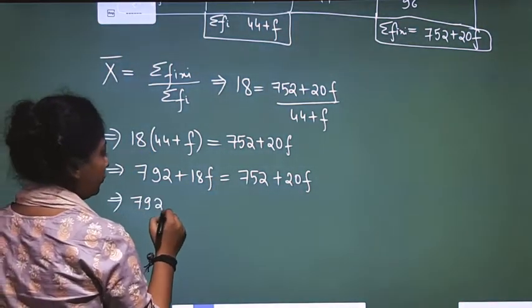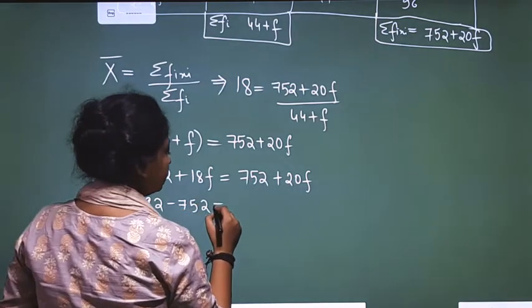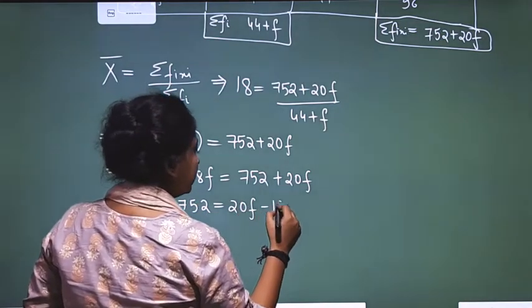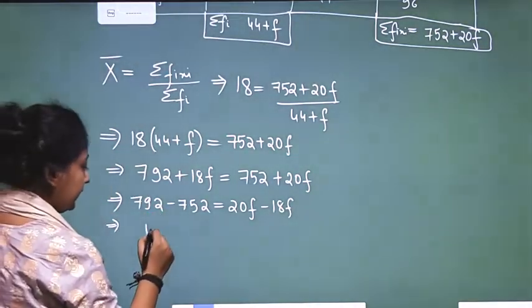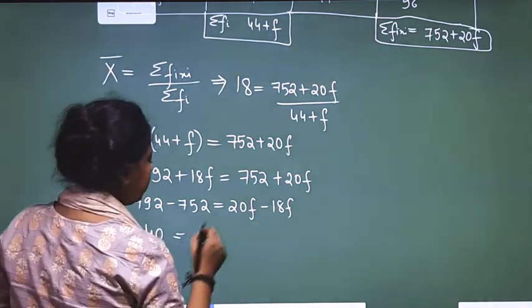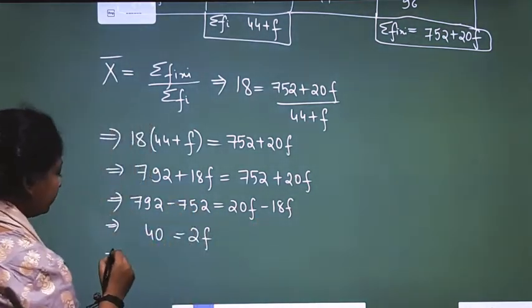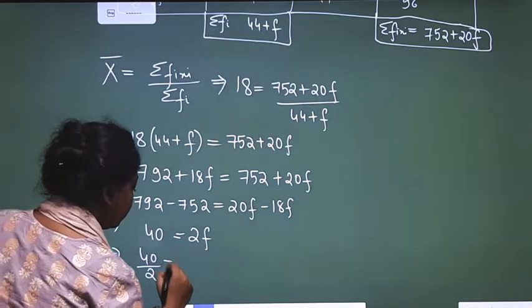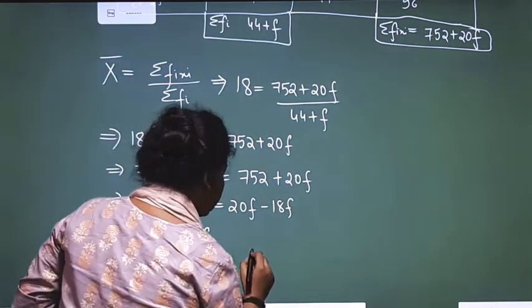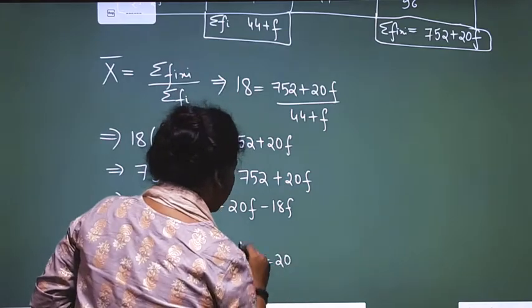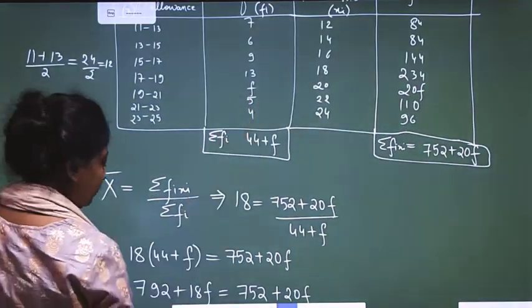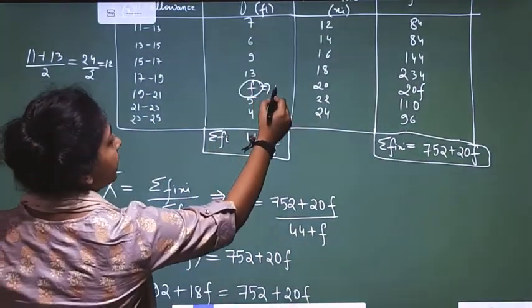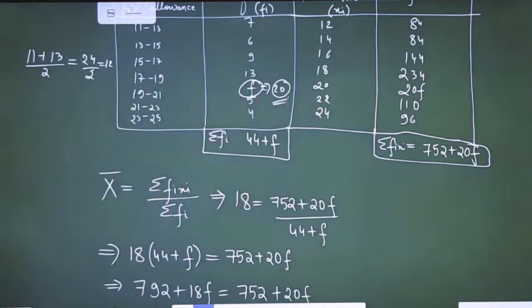So 792 minus 752 equals 20f minus 18f. 792 minus 752 we get as 40 and 20f minus 18f we get as 2f. So 40 divided by 2 will be the value of f. This implies the value of frequency is 20. So our missing value in place of f is 20. So this is our final answer. This was question number 3.